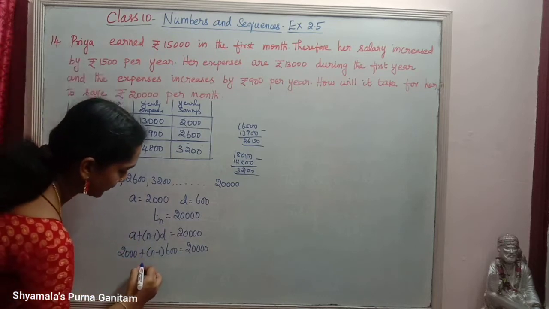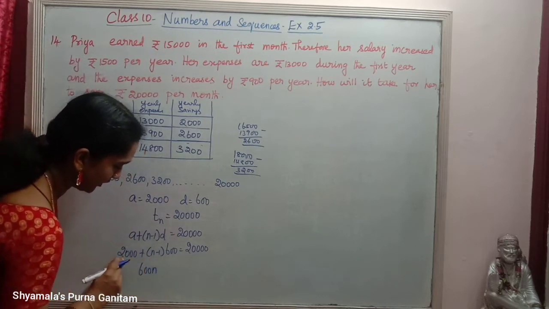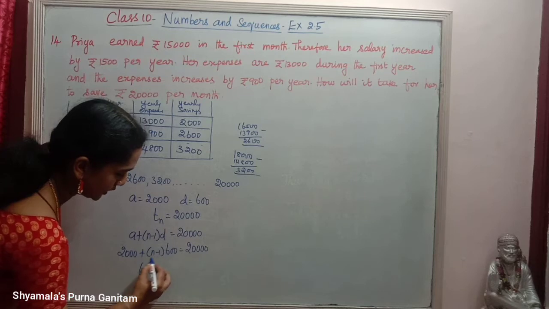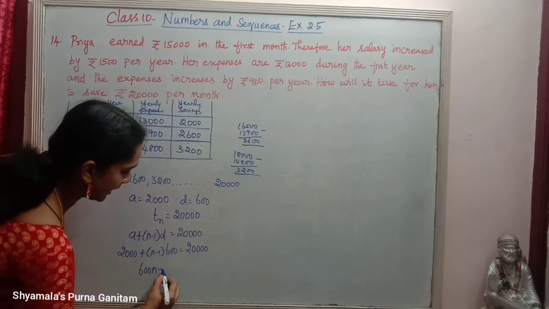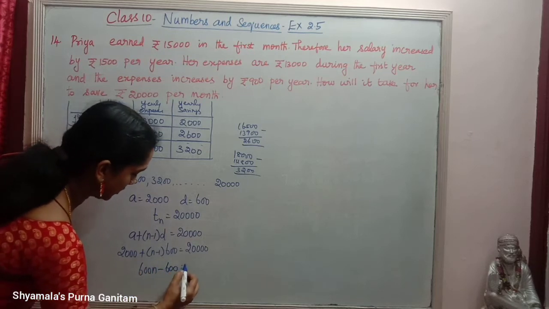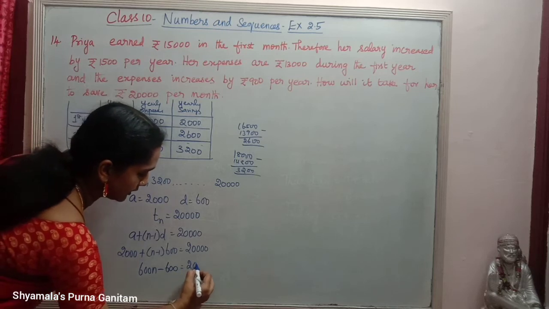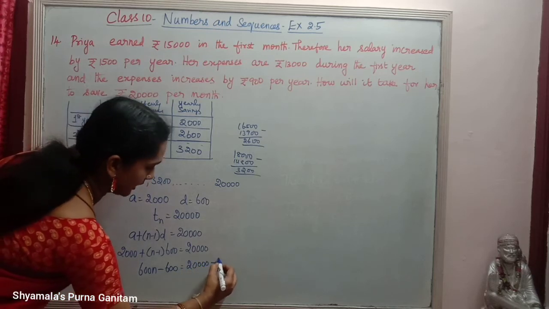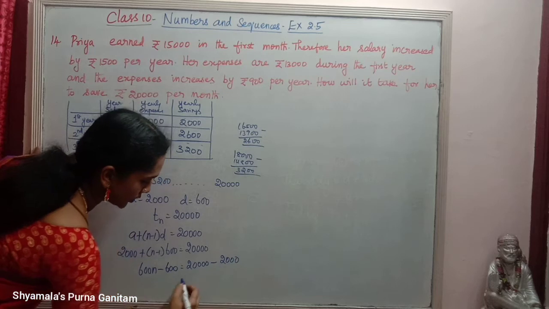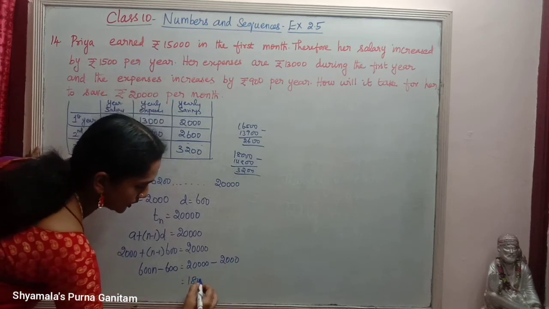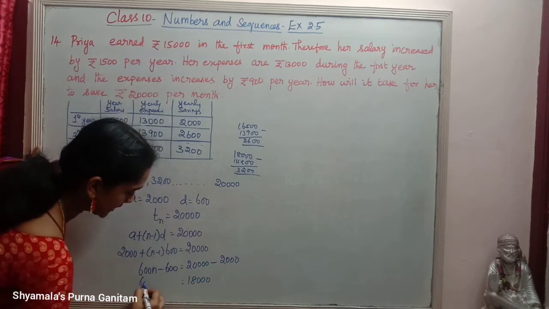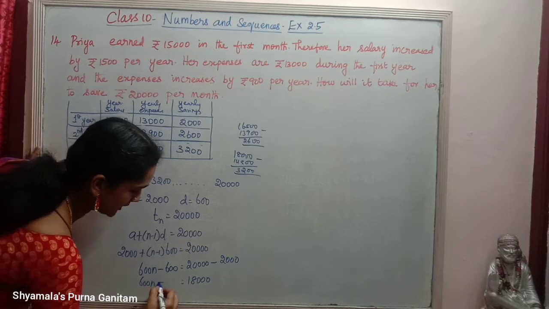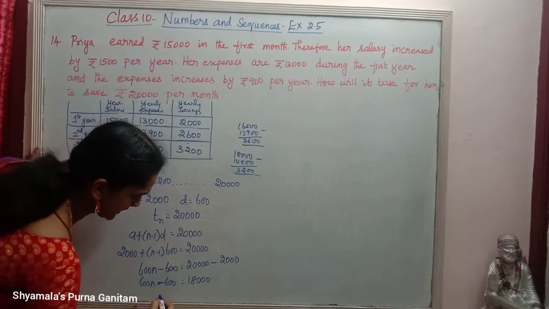Okay, so 600 N, we will bring this 2,000 to the other side. So 600 N minus 600 is equal to 20,000 minus 2,000. So here we will get 18,000. Then 600 N minus 600 is equal to this.